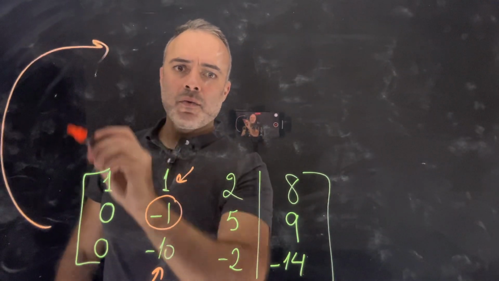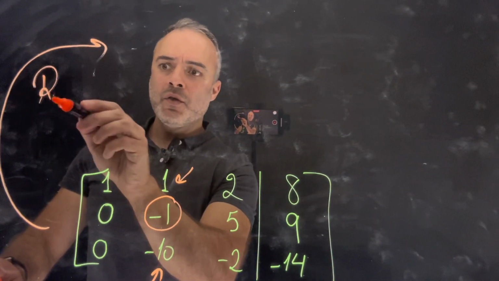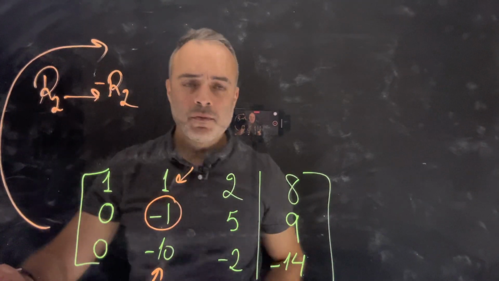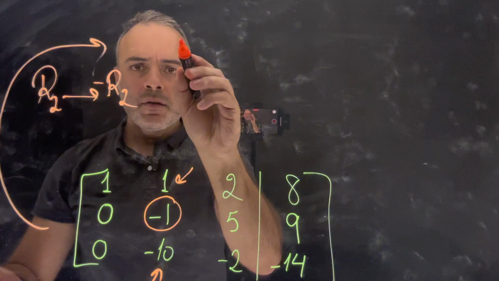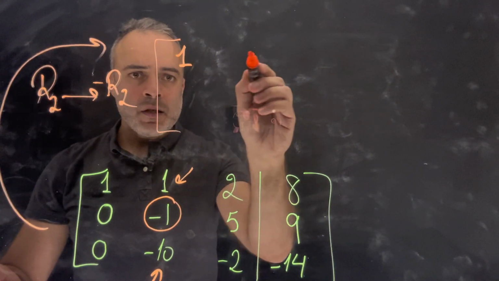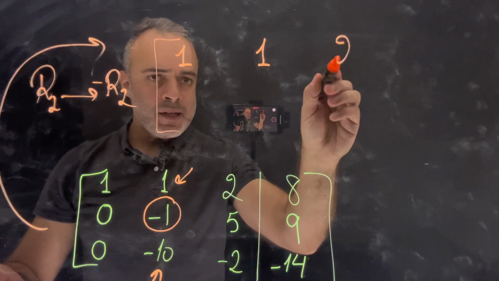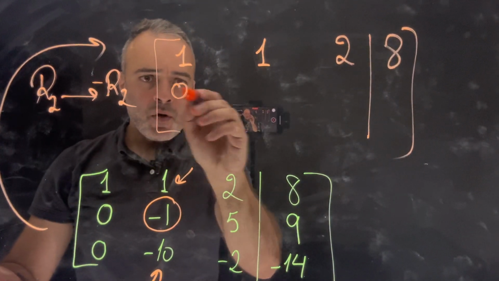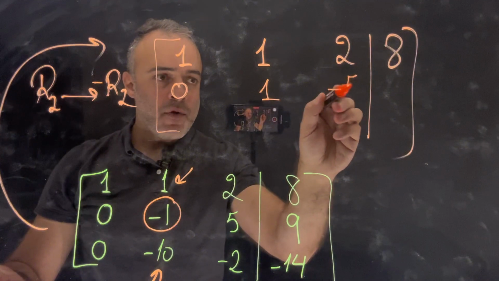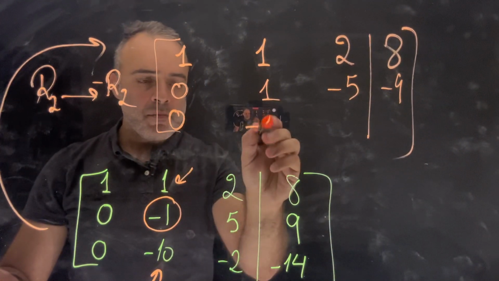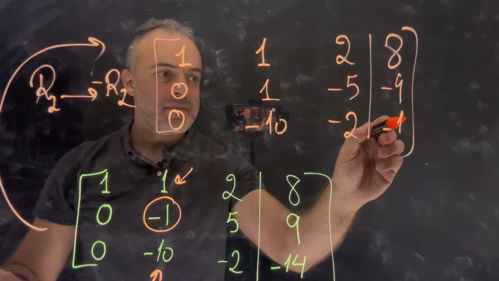So I will convert R2 into -R2, and our new matrix becomes 1, 1, 2, and 8, 0, 1, -5, and -9. I'm multiplying everything by -1. And the third row remains as is.